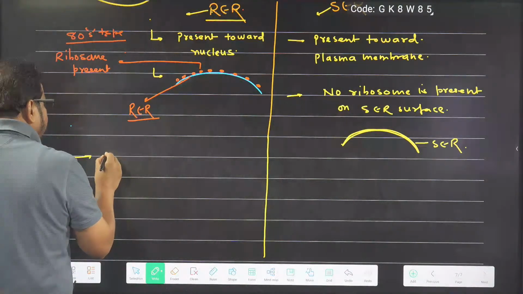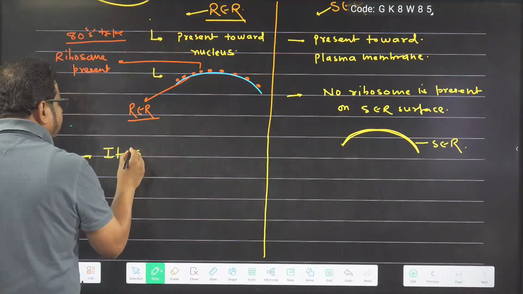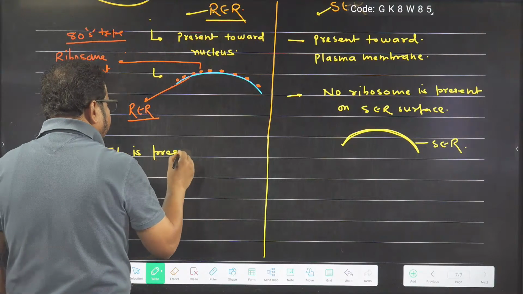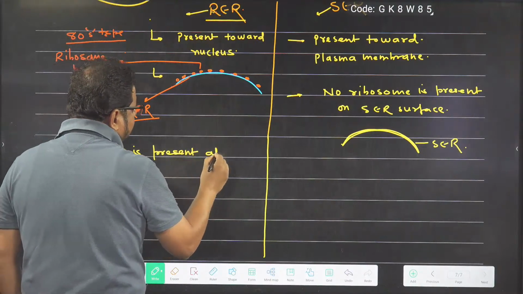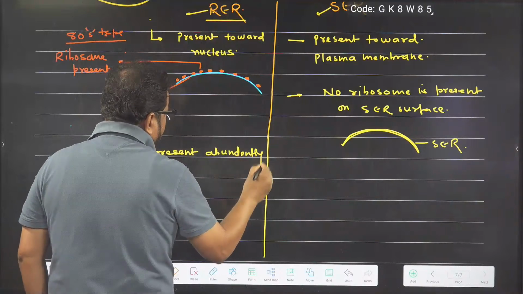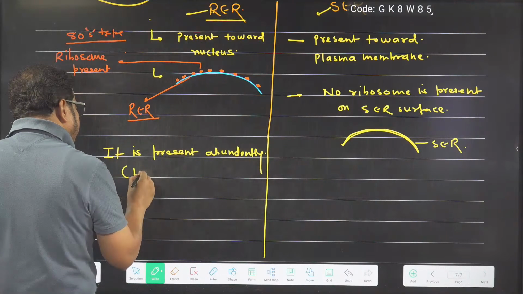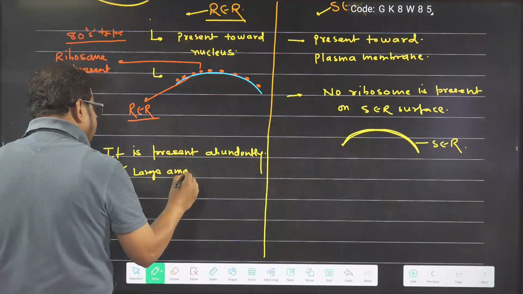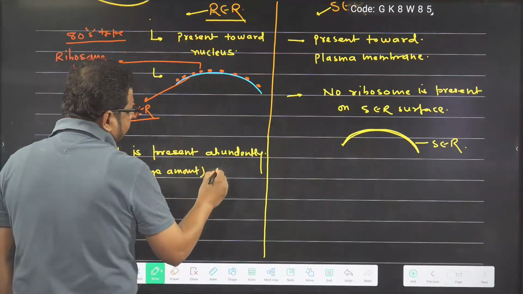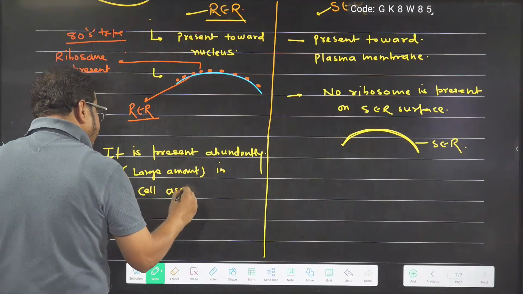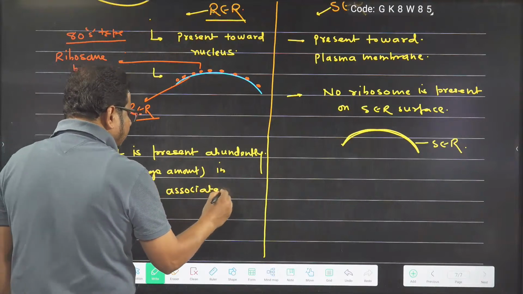For RER, it is present abundantly, means in large amount, in cells associated with protein synthesis.